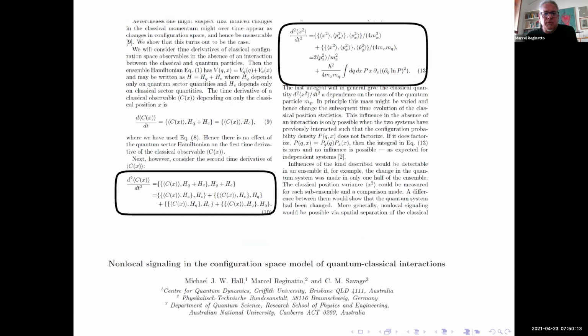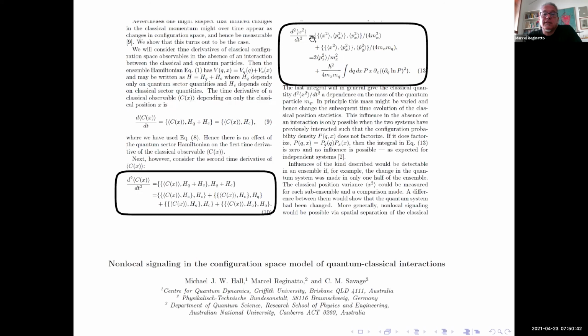I show you from the paper that I published with Michael, showing that this is a real effect in the theory. If you have a classical observable that just depends on its position, it turns out that you can have, when you look at the acceleration, a small contribution from one of these four Poisson brackets.